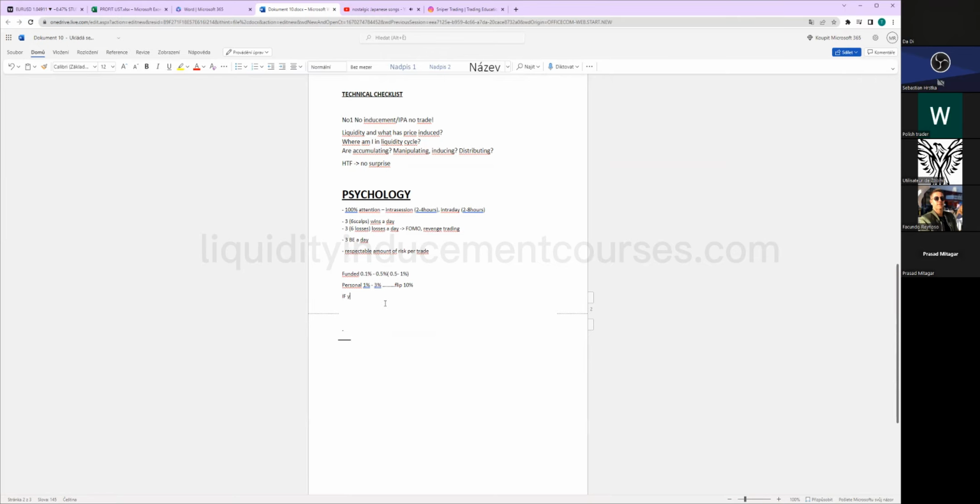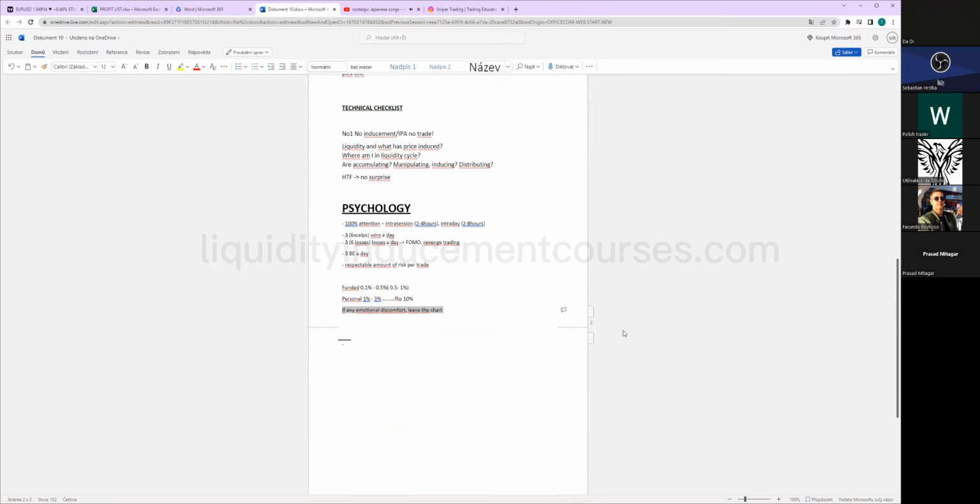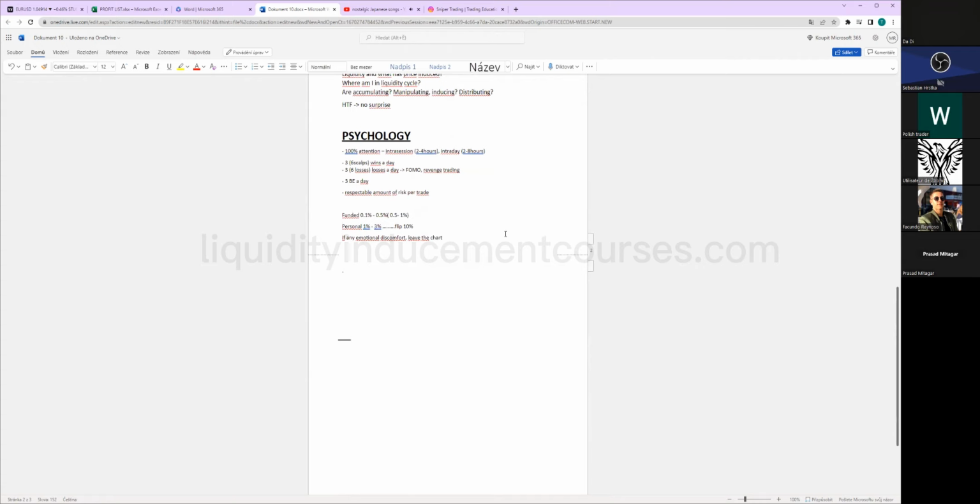So if you feel any emotional discomfort, leave the chart, right? Meaning if you wake up, this is what I do as well, this is what everyone who's funded does or who values their money does.